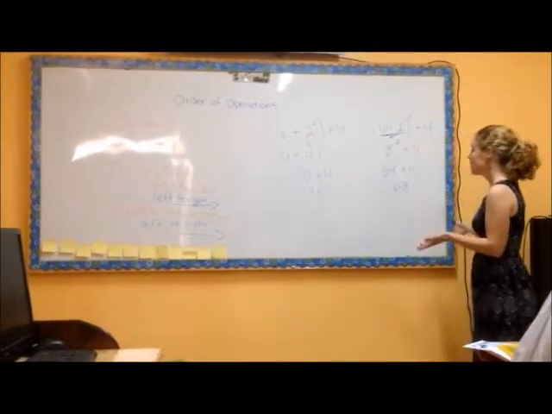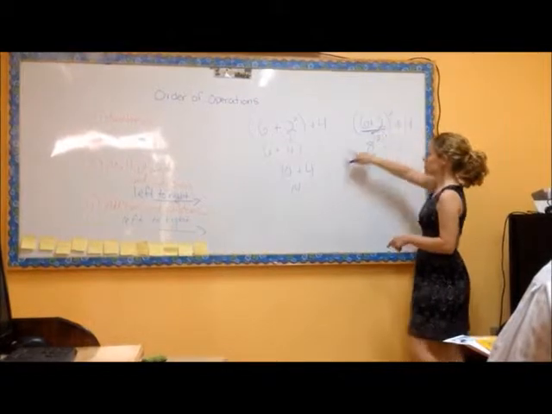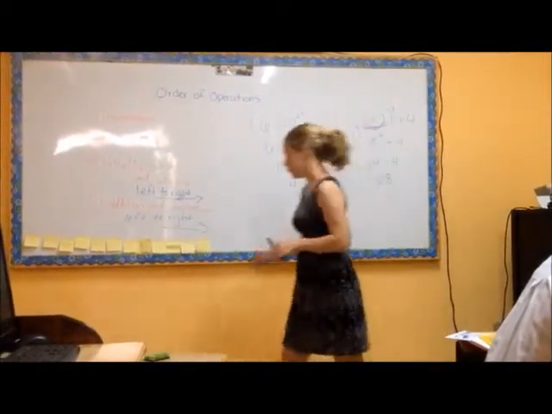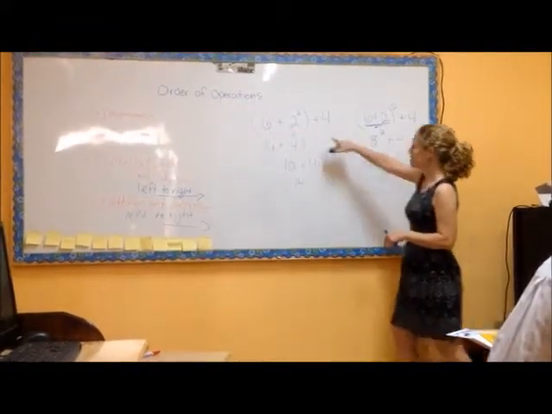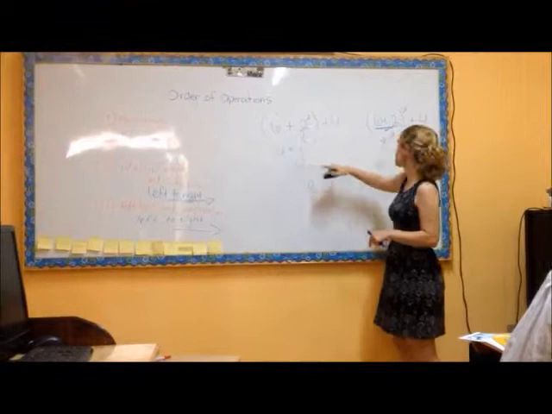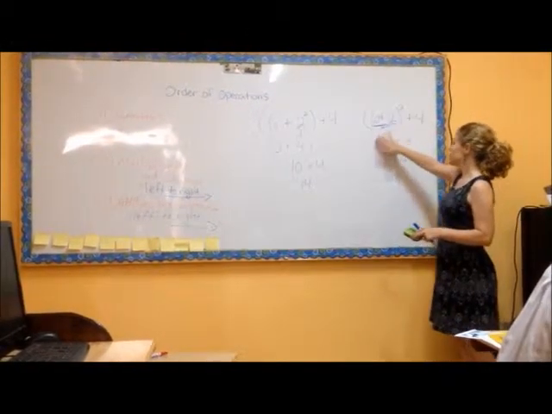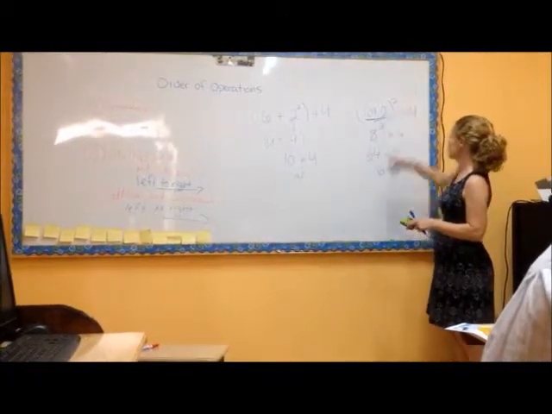So this is just one thing that can be a little confusing with the order of operations. It's the placement of the exponent. You need to be very careful about doing it in the correct order. If the exponent's inside, you're going to do it first. If it's outside, you're going to do the addition or multiplication or whatever is inside first, and then do the exponent.